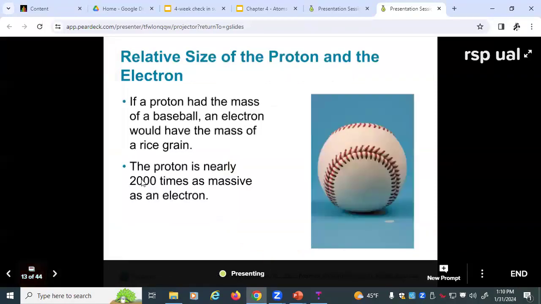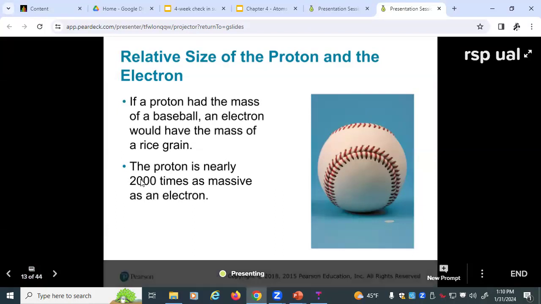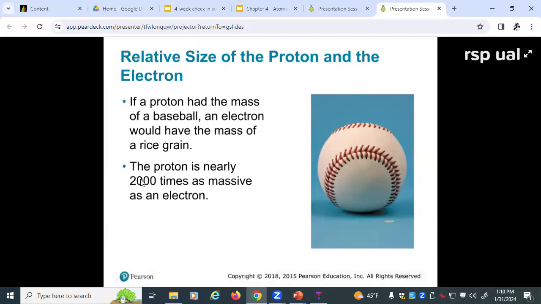So let's look at this a little bit more closely. From a relative size perspective, from a mass perspective, you get the differences of mass between a proton and an electron as being roughly the difference in mass between a baseball and a grain of rice.